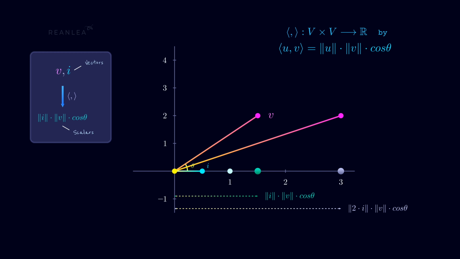Now for this case, if in particular we consider the vector I to be the unit vector along the x-axis, then we get the relation: inner product of the unit vector and V is norm I times norm V cos theta.